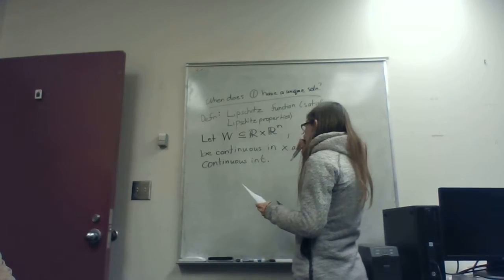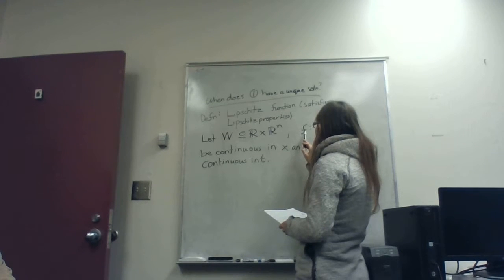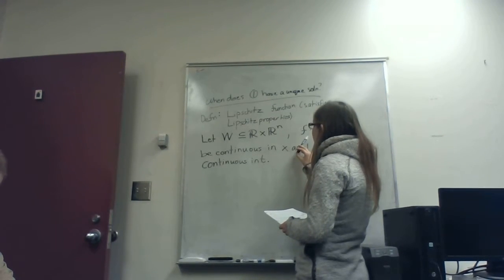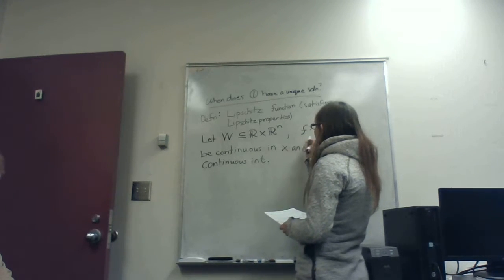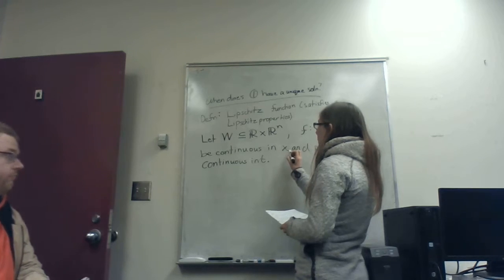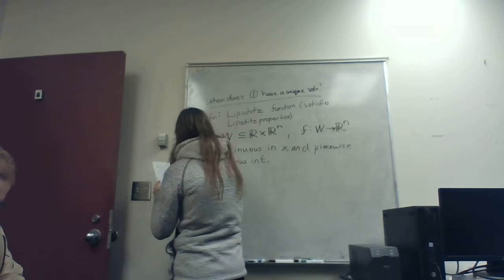So far we have defined the set on which we're going to take the right hand side of the differential equation. So F has to be defined on this set W. We're going to require that F be continuous in X on this set and piecewise continuous in T on this set.